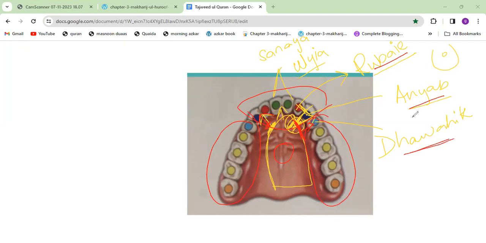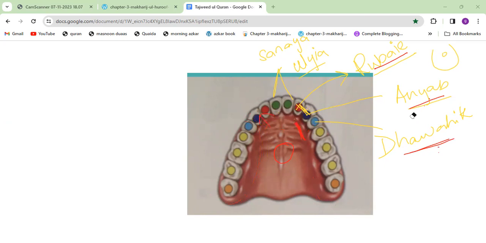Okay, so if we join the zawahik and anyab and we touch this specific part, one second, let me just make it more clear. Okay, now this is our tongue, and we have to use the part that is closer to the middle of our tongue.